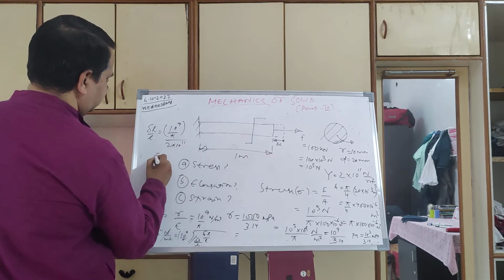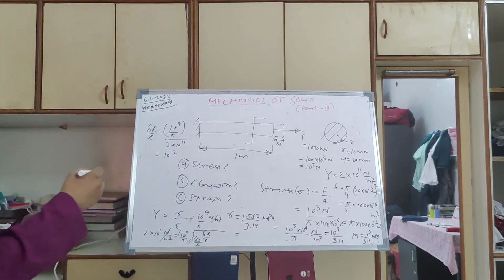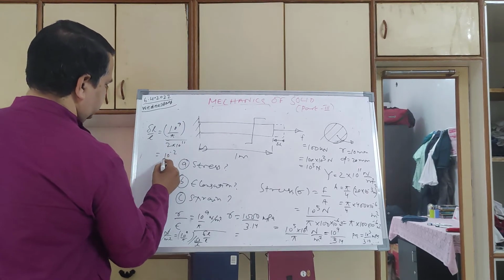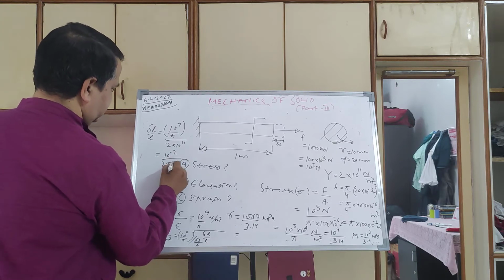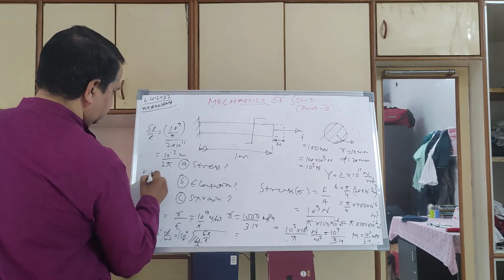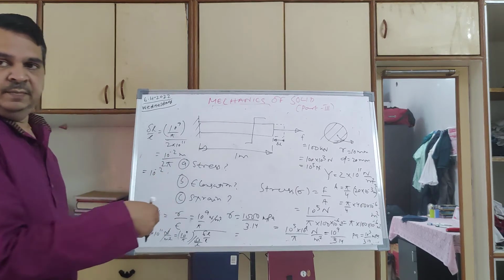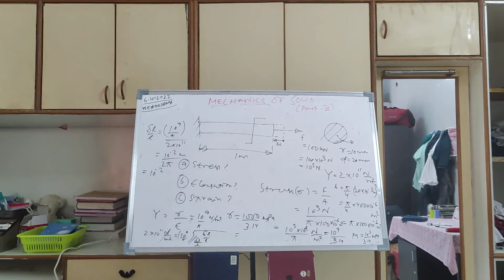So this becomes 10 to the power minus 2 by 2 pi, divided by 2 pi, which is 6.28 meter. So 10 to the power minus 2 divided by 6.28. Length is 1 meter, that's what we have done.